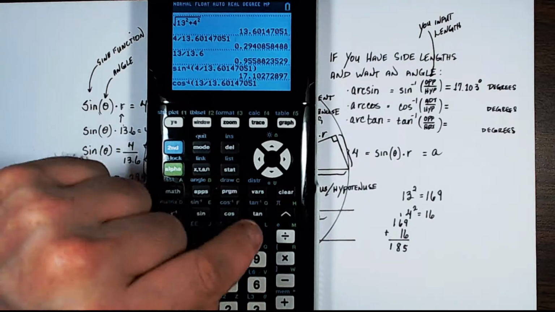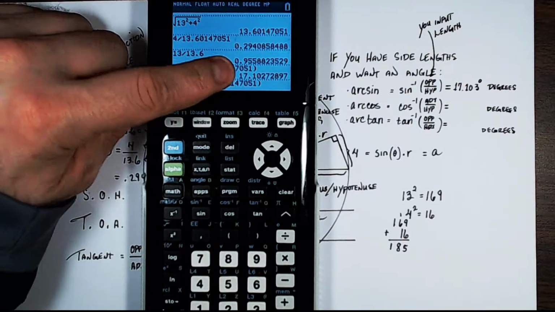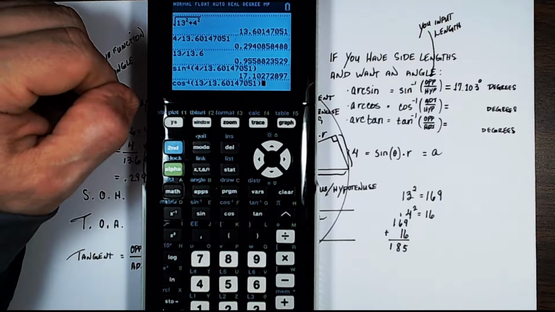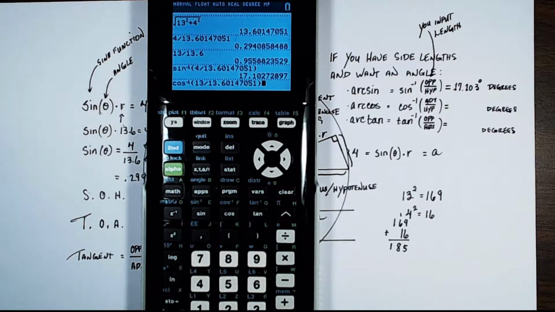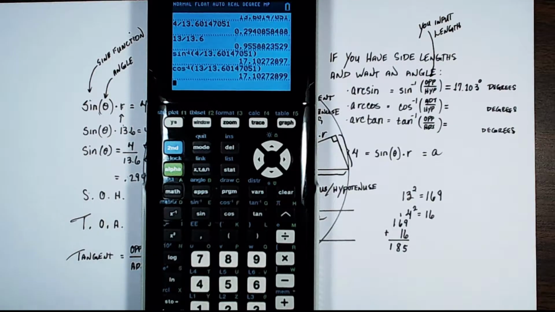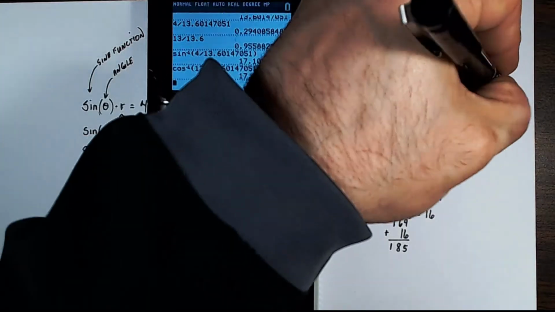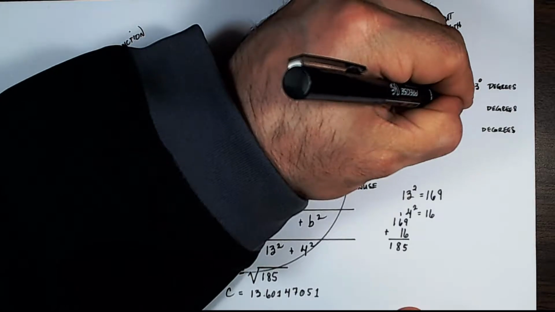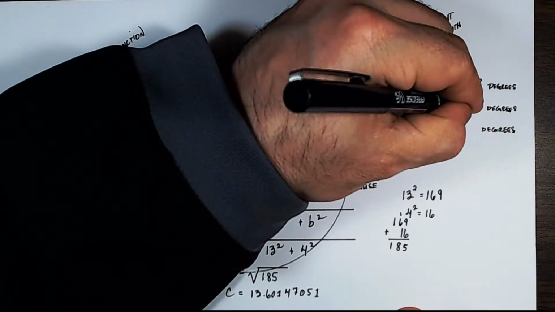Okay, close parentheses, and we should get 17.102728997 again. We should get the same thing again, and we do. So these were supposed to be the same. 17.103 degrees.